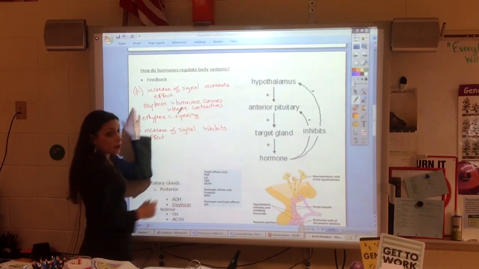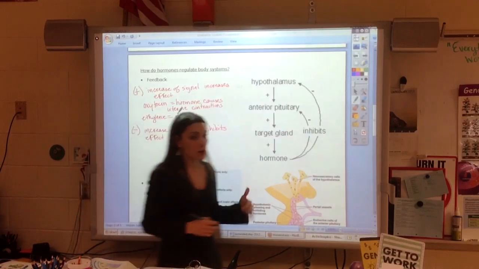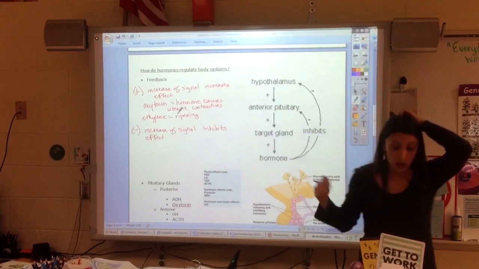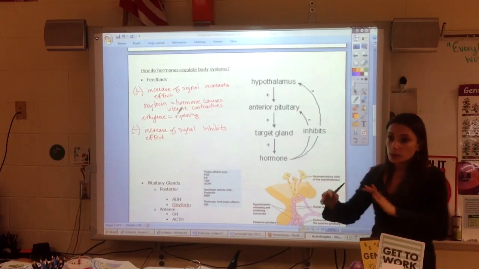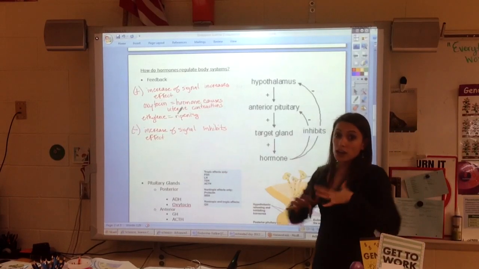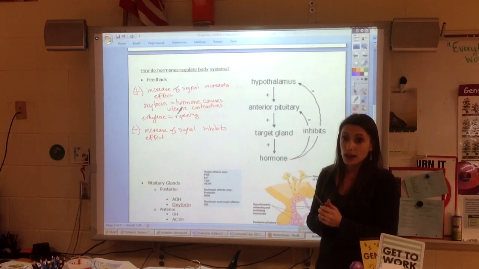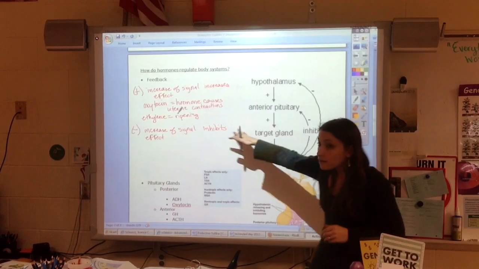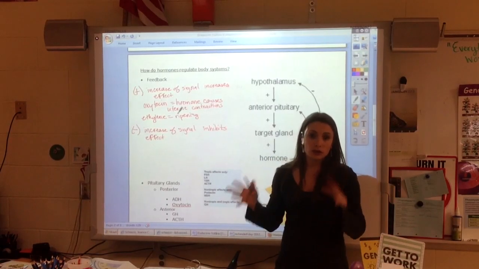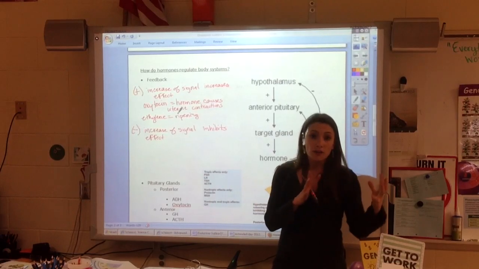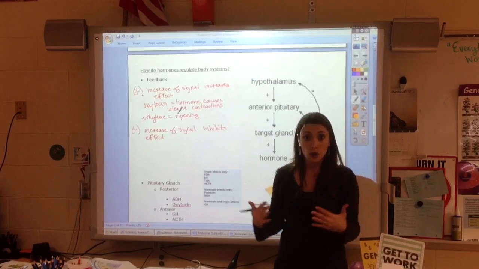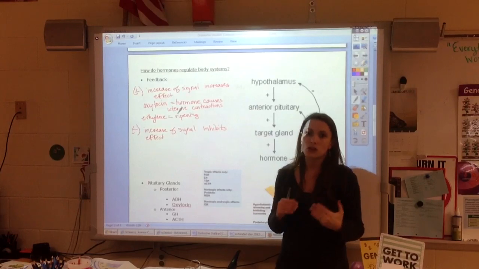What this means is the more I have of it, the faster that process happens. And that is one huge advantage, to be able to create an amplification effect of the more I have, the more it happens. However, a lot of times it's actually better to control things by turning them off, allowing them to function normally until I need to turn them off.